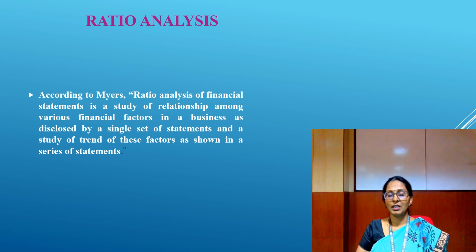For example, we always compare our gross profit with the sales. What is the percentage of profit that we earn on the sales? So under ratio, we compare one figure with the other figures found in the financial statements.